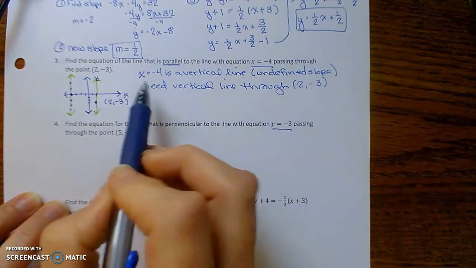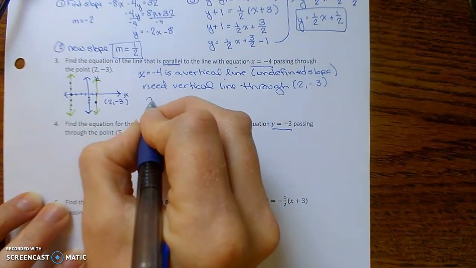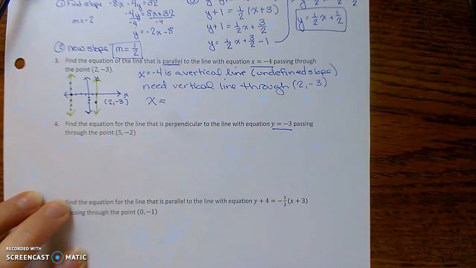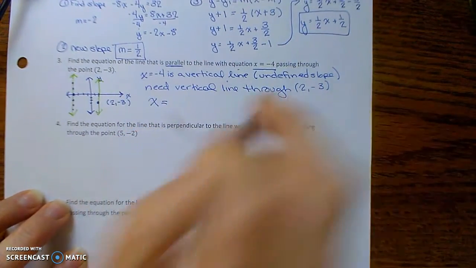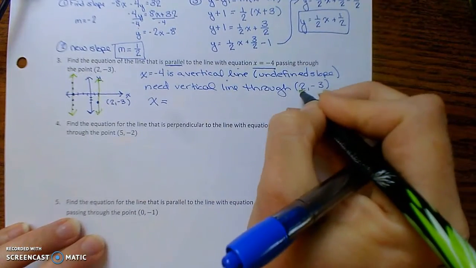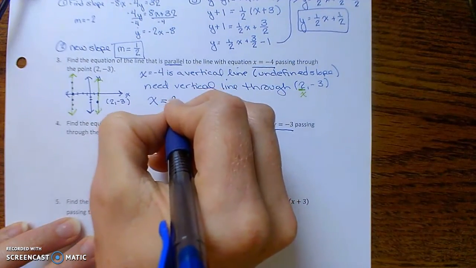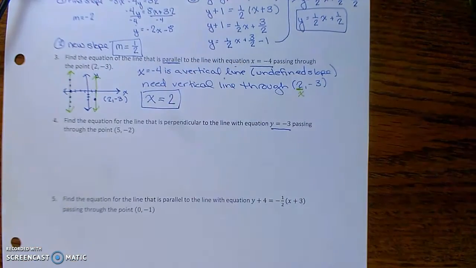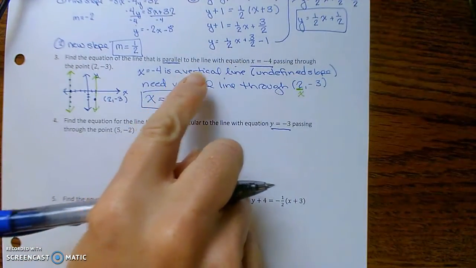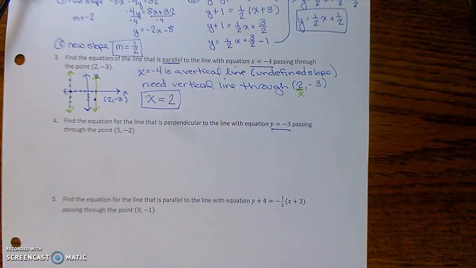As we know, vertical lines have equations x equals some number, and that number has to be the x-coordinate. So this is my x-coordinate. So x equals 2. That's the equation of the line parallel to this vertical line.